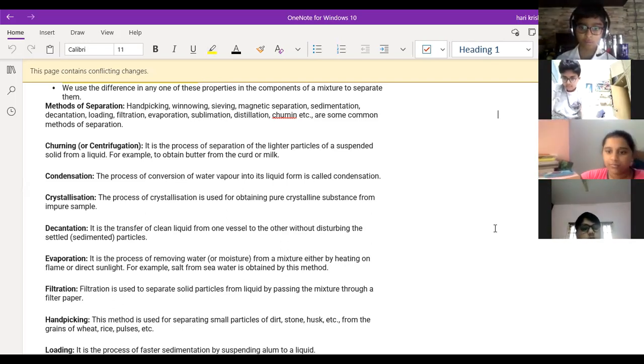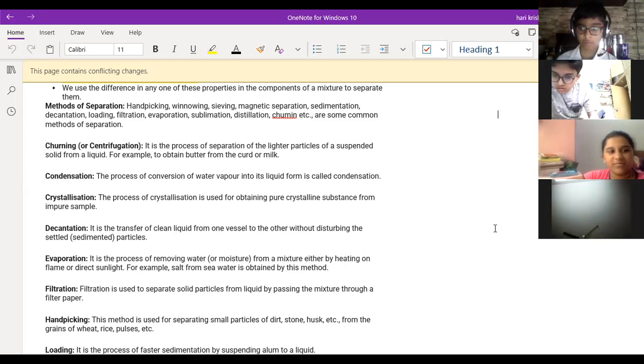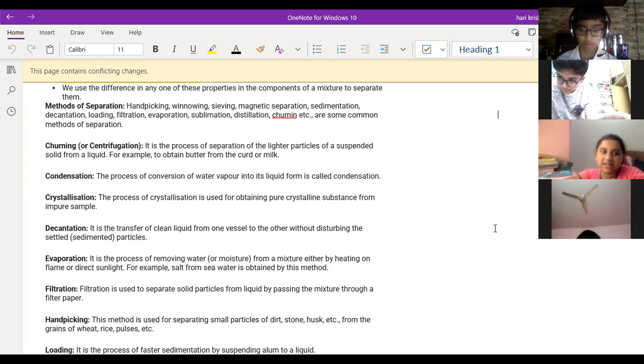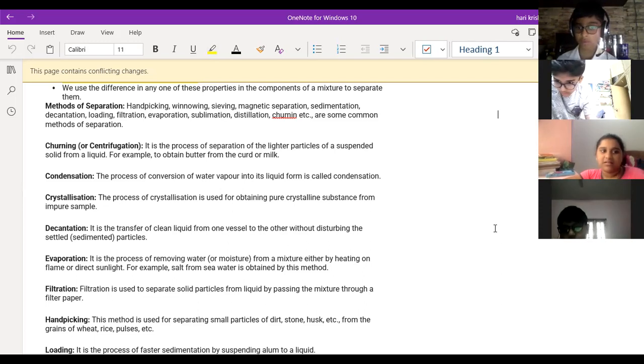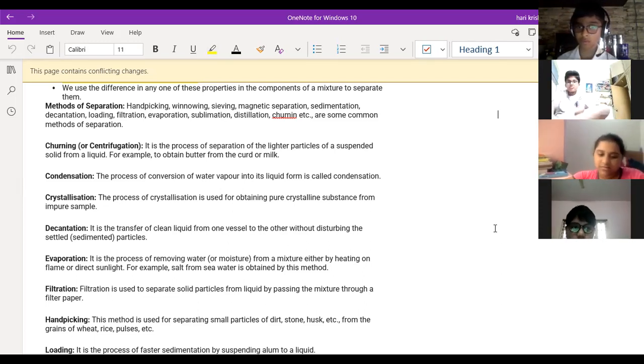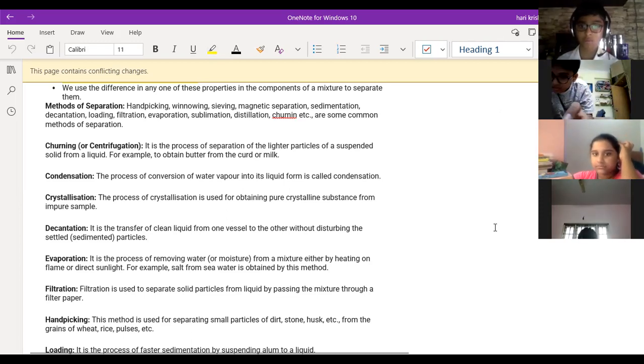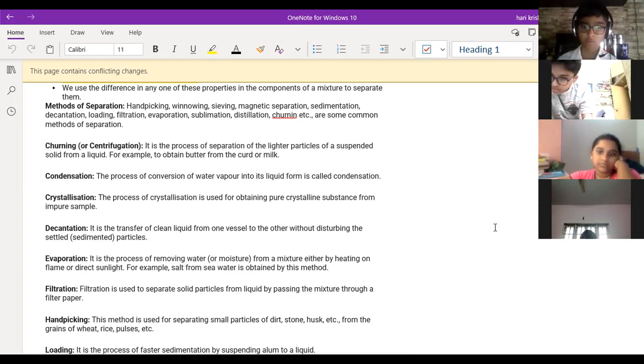At that time, whatever solid particles are there will settle at the bottom of the test tube, and the lighter particles will be at the top.